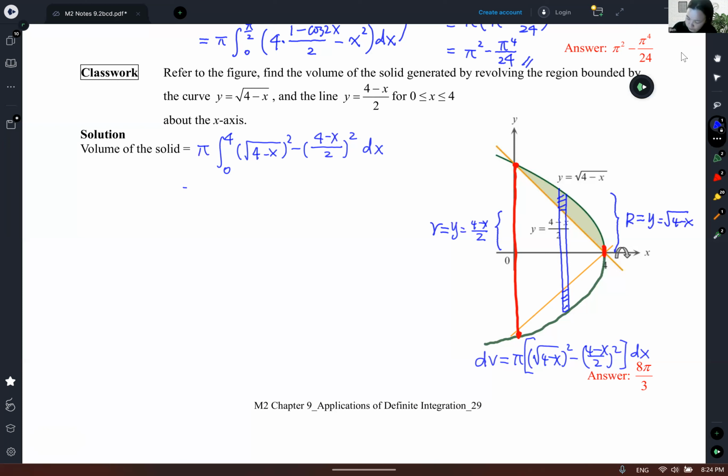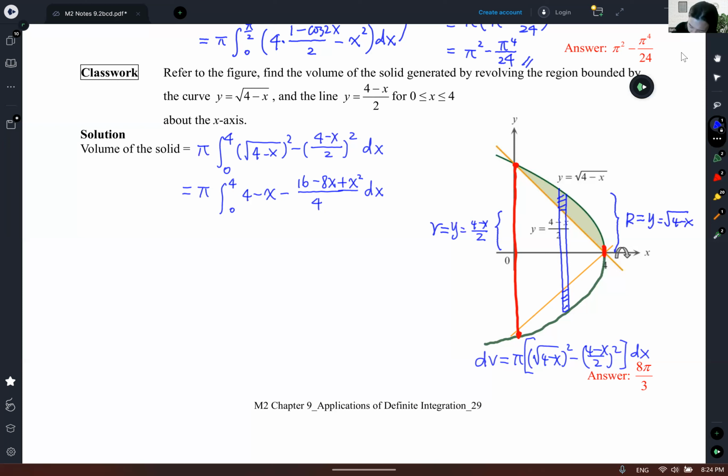This is equal to pi integral from 0 to 4 of (4 minus x) minus (4 minus x over 2) squared, which is 16 minus 8x plus x squared, dx. Check if I'm correct.